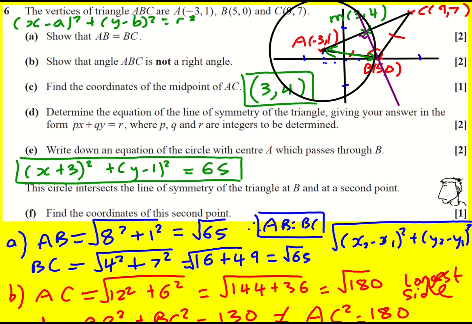The very last bit of this question says that the circle intersects the line of symmetry at B, as we can see, and at a second point. It's up here. Find the coordinates of the second point. Now look, it's only one mark. We do not have to set up simultaneous equations to solve this. We need to think about it carefully.